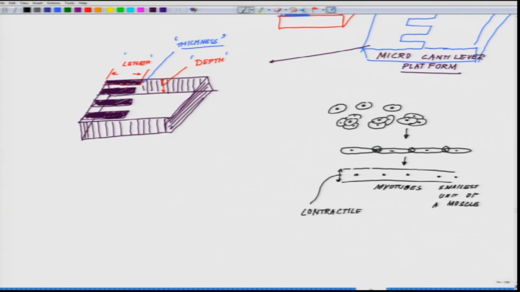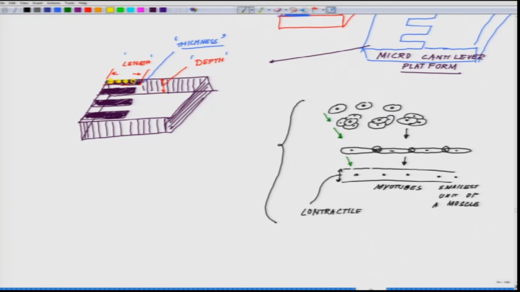Now, one of the approaches is that you allow this whole process of the muscle cells forming myotubes to happen on top of the cantilever. So, you plate the cells on top of it like this.